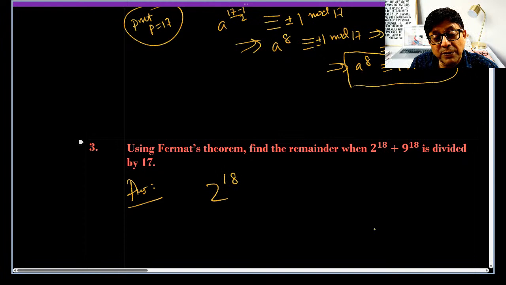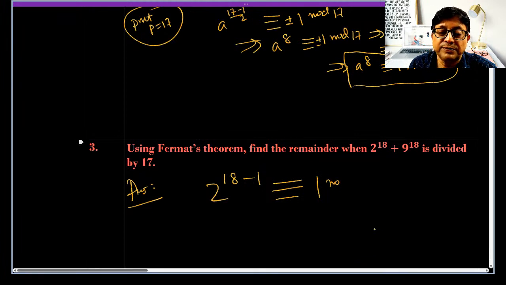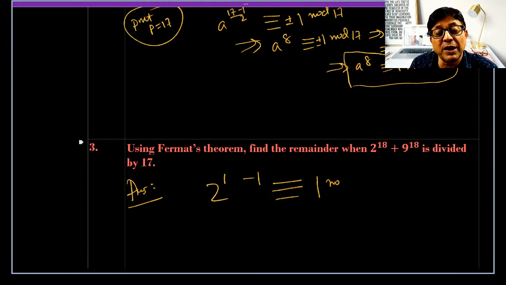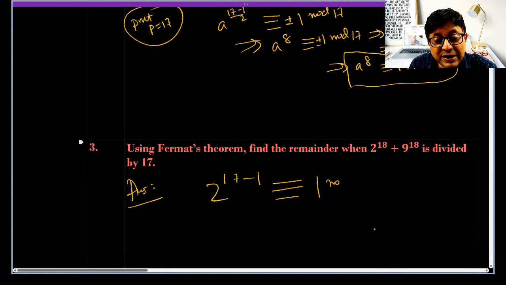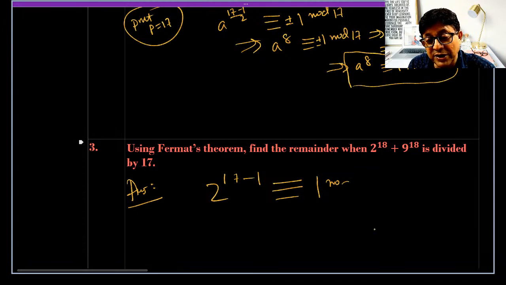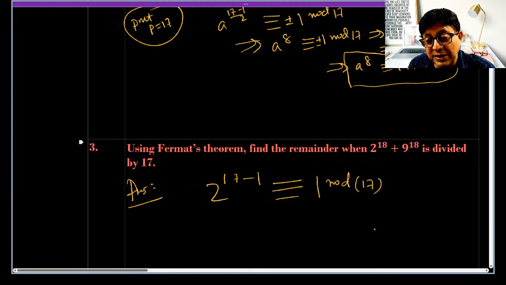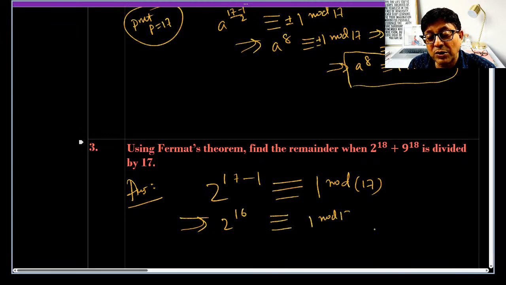So write 2 to the power 17 minus 1 congruent with 1 mod 17. So this implies 2 to the power 16 congruent with 1 mod 17.